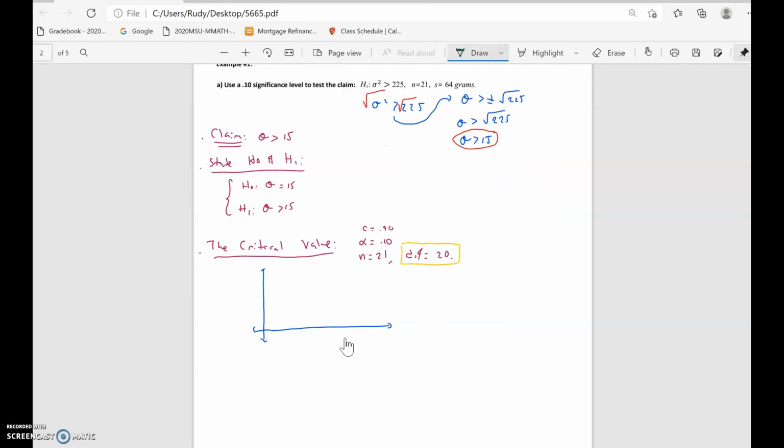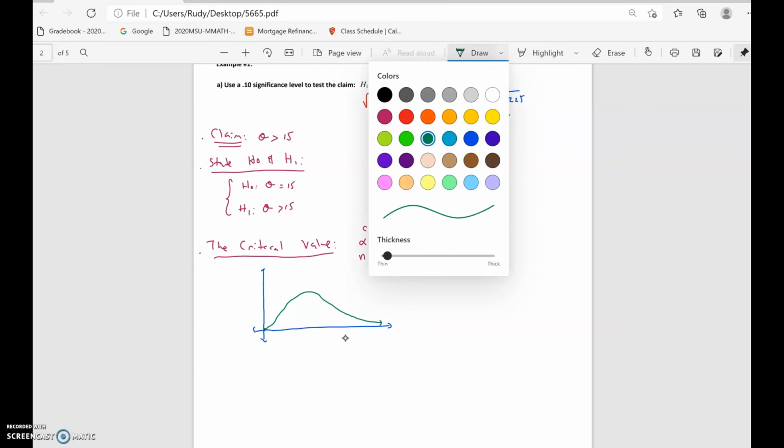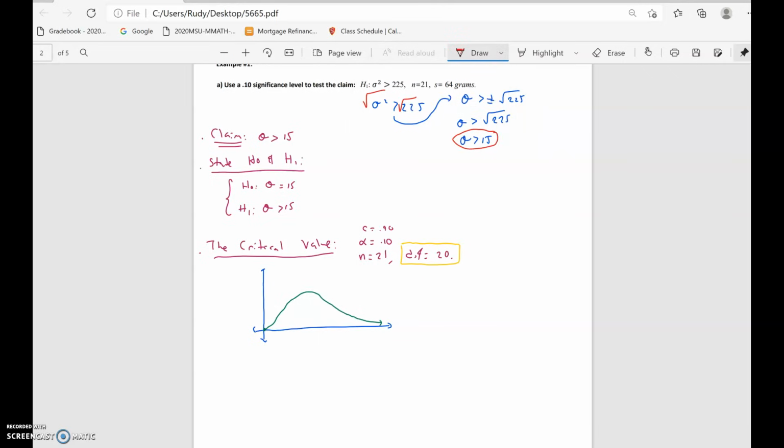Let me draw the chi-square distribution. It'll look a little bit bell-shaped. In any case, it's going to look like this. So we're only going to have a chi-square value on the right-hand side. And because of the right tail test, this is 0.10. And this portion is 0.90. So at this point, we're going to take a look at the table.